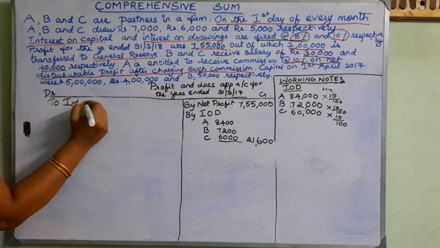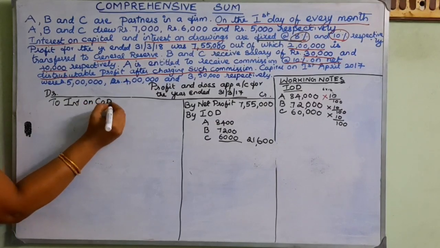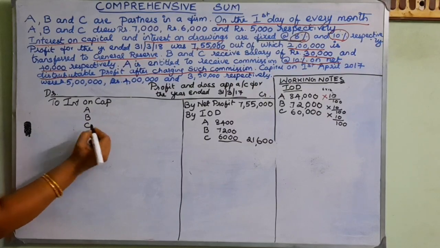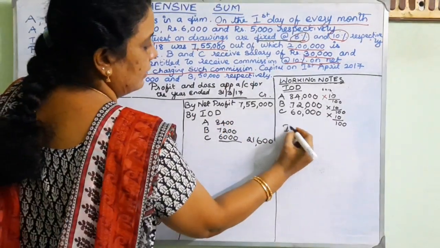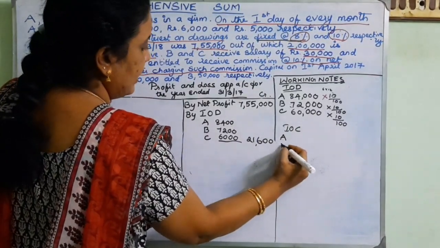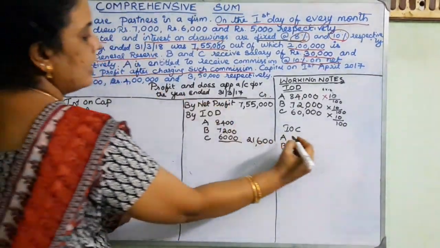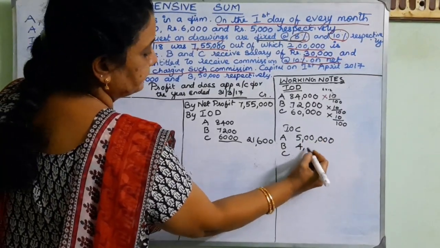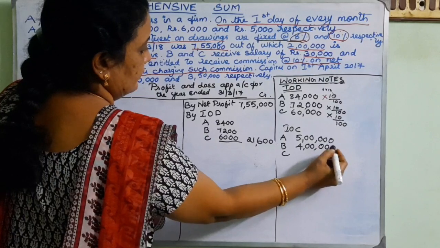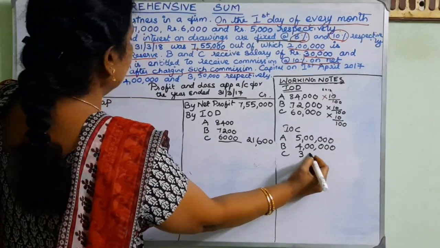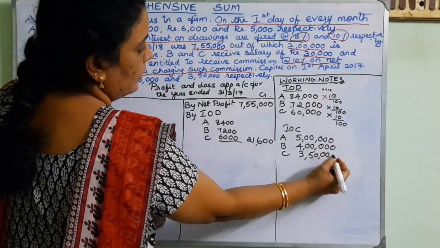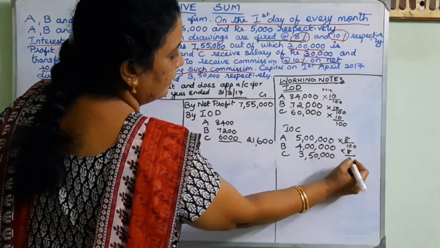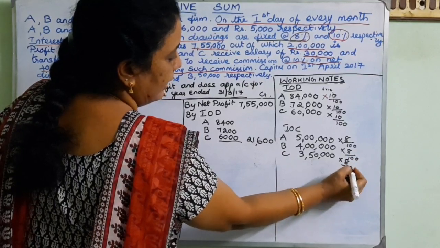We have to calculate interest on capital for A, B and C. The capital of A is 5 lakh, B is 4 lakh and C is 3,50,000. We have to calculate at 8%, so it is 8 by 100 into the capital.